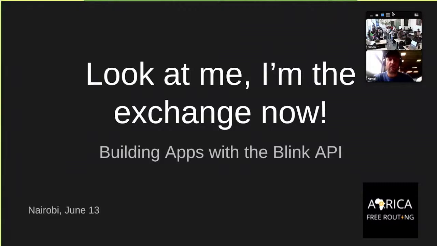And then we have a little demo of an application that we developed in-house at Blink. It's called Blink Voucher, and we just released it in alpha. And then we will be going over a couple of examples of how to use the GraphQL API.